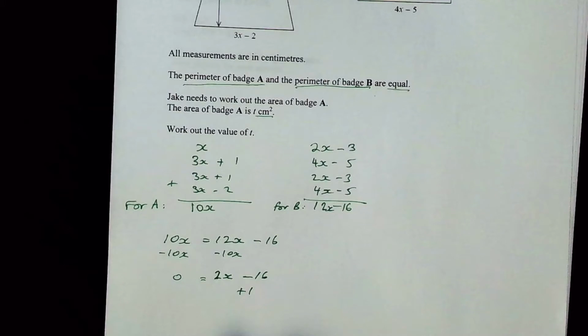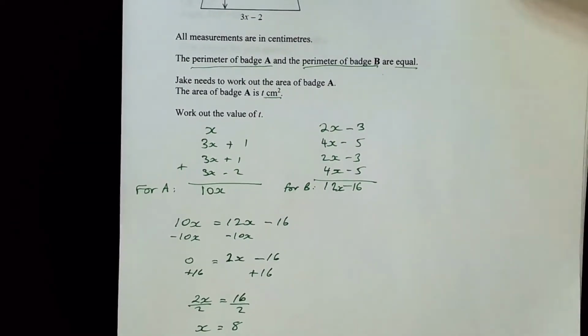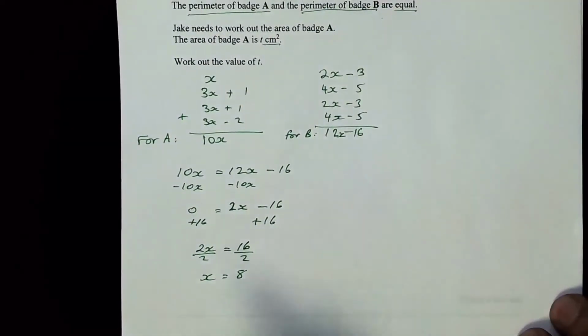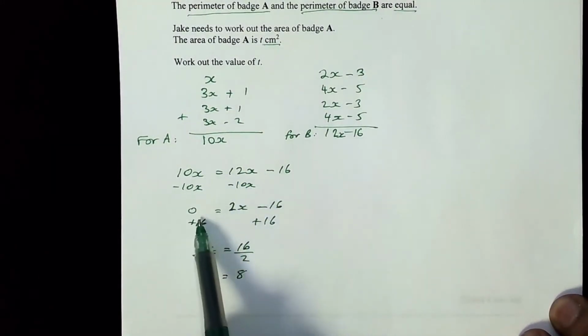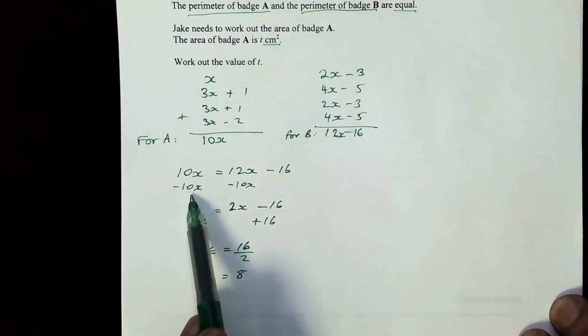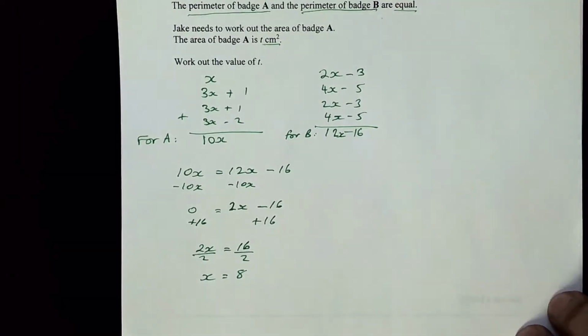Then I can write down 2x is equal to 16, and dividing by 2, therefore x is equal to 8. I made the two expressions the same, collected all the x's to one side, and put the numbers on the other side. 2x equals 16, divided by 2, x equals 8.